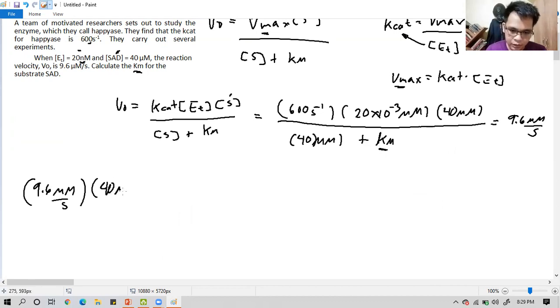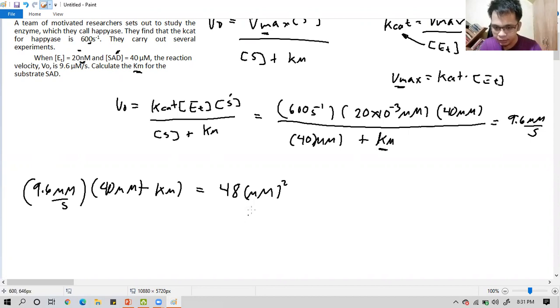So, 40 micromolar plus the Km is equal to, let's solve this value here. Forgot to bring my calculator. Okay, sorry for that. Our value for this is 48 micromolar. This will be squared because we multiplied it, all over S.